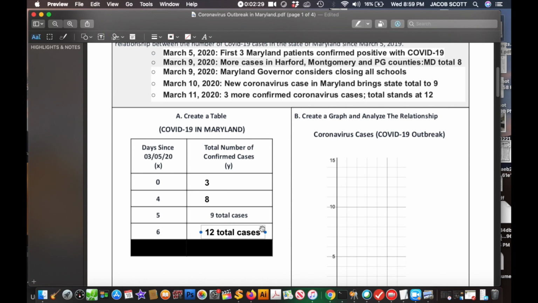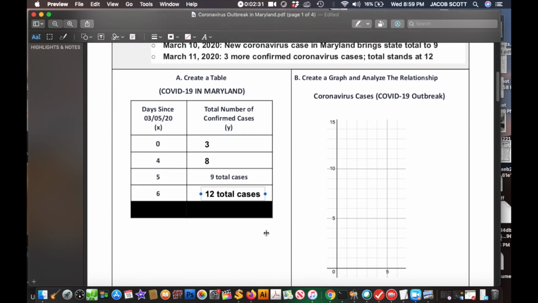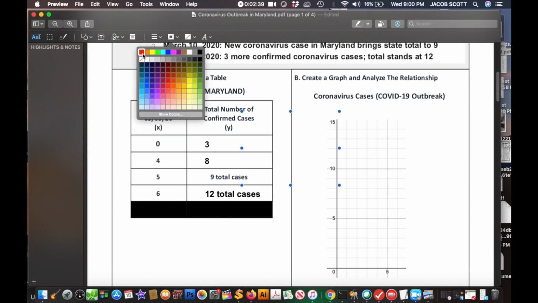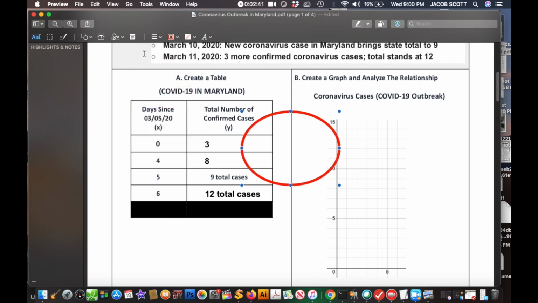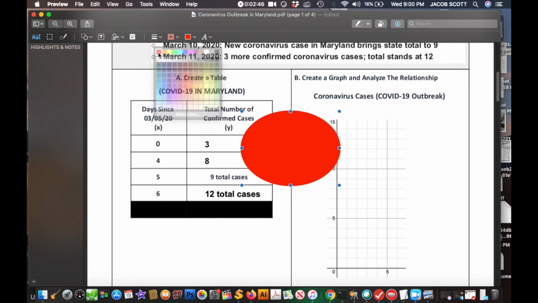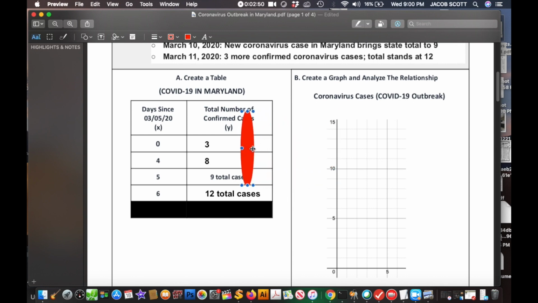And then you had to go to decimals, plot the points. I'm going to go ahead and plot some points on this graph here. I need to make a circle. I'll make some red circles. And of course, those are pretty large, and I want to fill those in. Okay, so I'm going to shrink this circle.